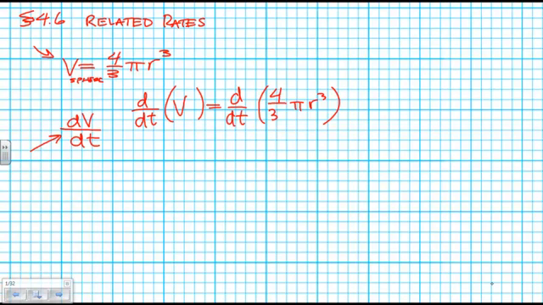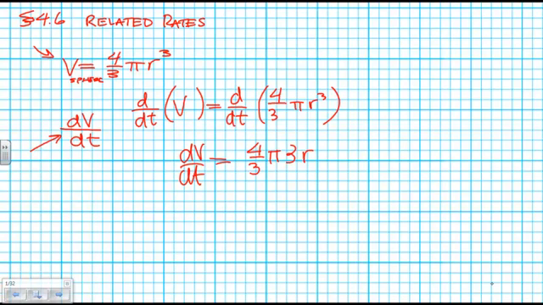Let's just say it's implied that radius is a function of time. So what happens is that when I take the derivative of this side, I'm going to look at that r not as a variable, but rather as a function. 4/3 pi. The outside function here is the cube.